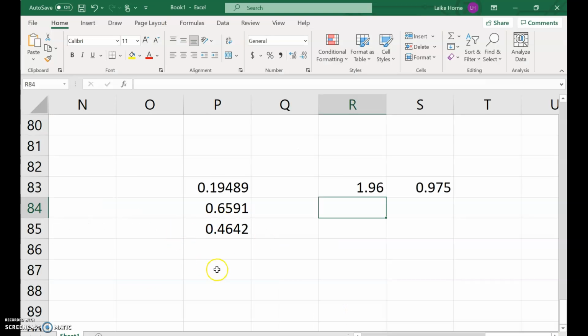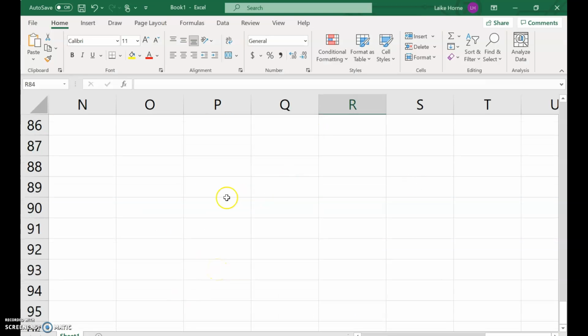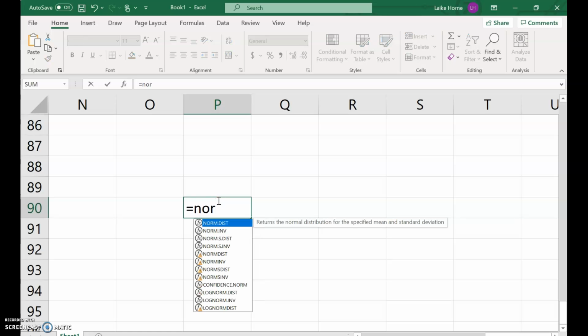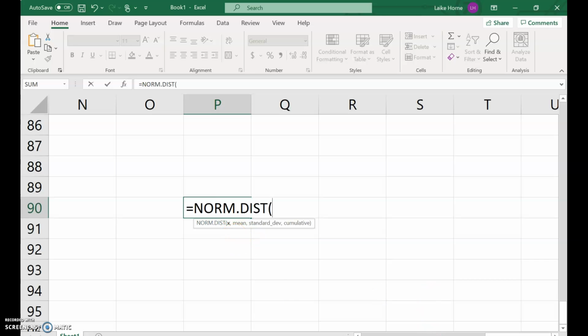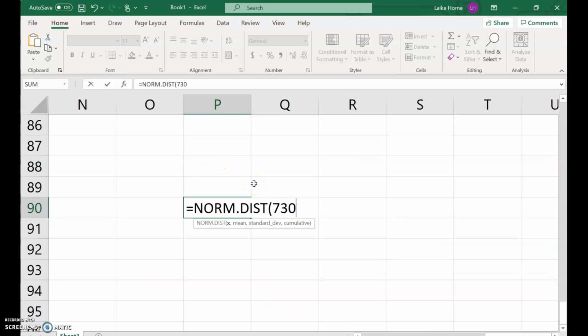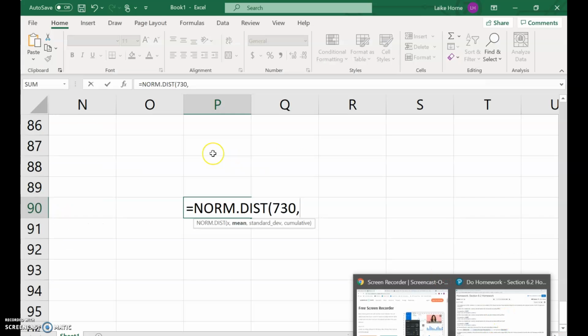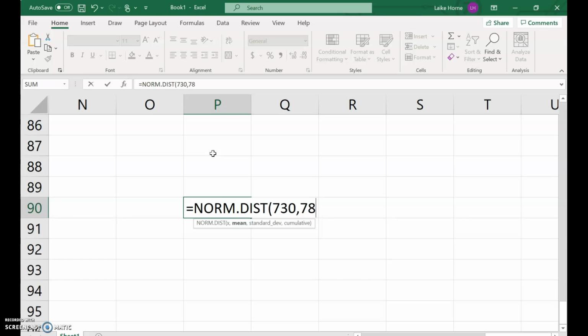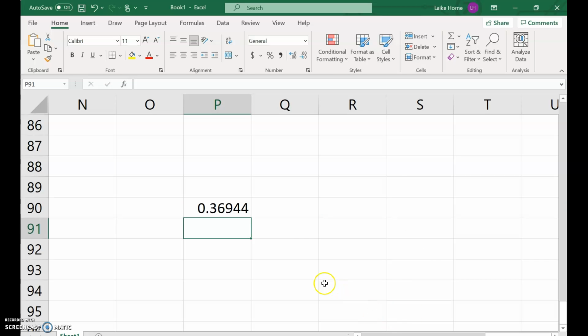I'm going to go into my Excel and use the function where I can put in X without having to get the Z-score first, to save time. Here X is 730 because that's my budget. The mean is 780, and the standard deviation is 150. It's cumulative because we want to know the probability up to that dollar amount.